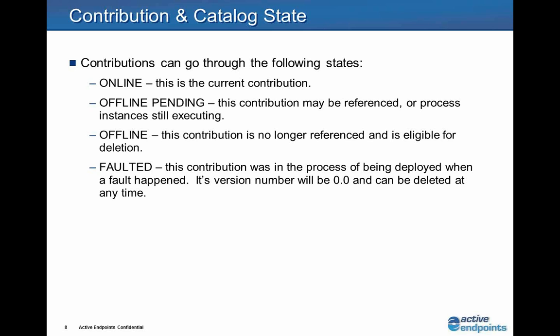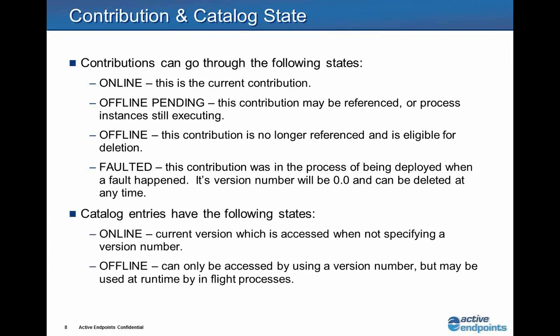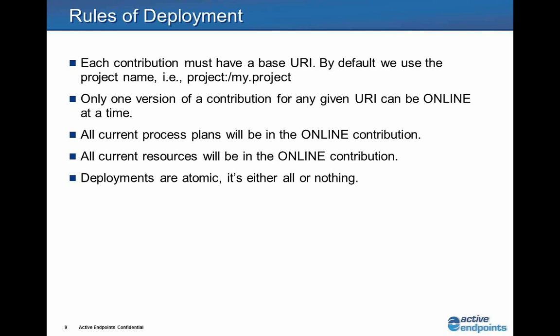So that's the entire contribution. The things within the contribution are in two states. They're either online, which means they're going to be used, or offline, meaning they're used only by some previous version.